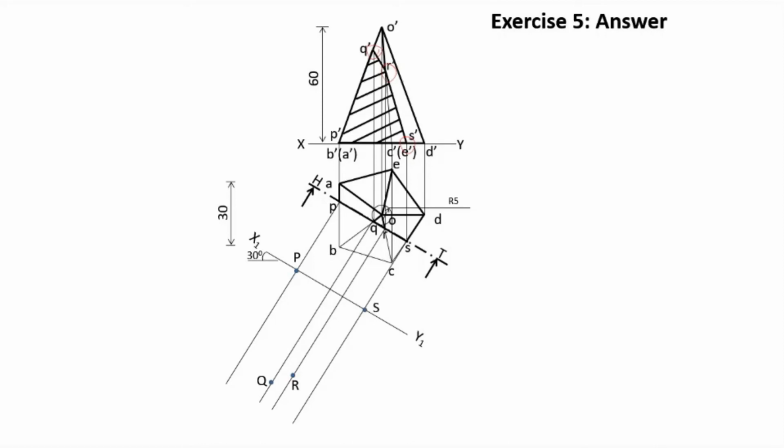Then join P, Q, R and S, and then hatching is completed. So this is how this particular question can be completed.